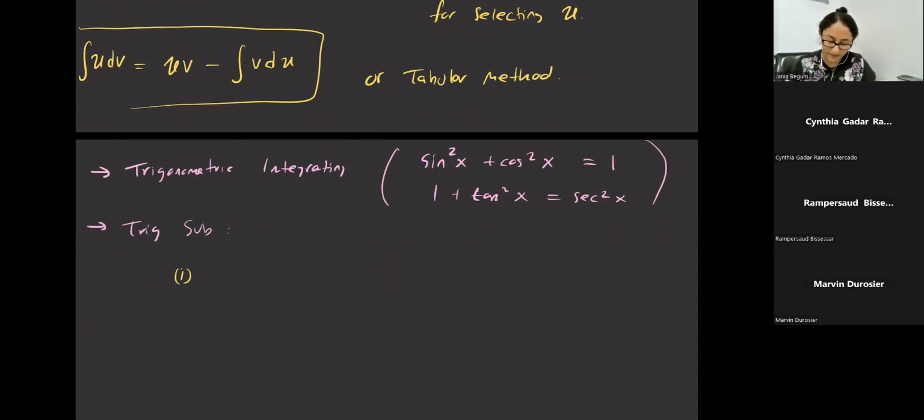So what if I have a form like this? Let's say I forgot what I wrote. Sorry, I could be a little off with notation. So if I have some a squared minus x squared, what substitution would you use?